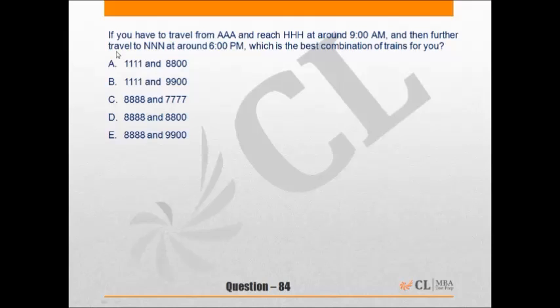In the last problem of this set, it is given that if you have to travel from triple A and reach triple H at around 9 a.m. and then further travel to triple N at around 6 p.m., which is the best combination of trains?